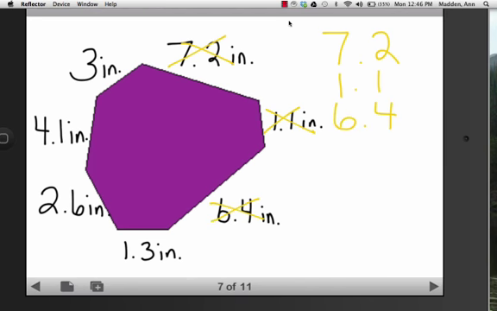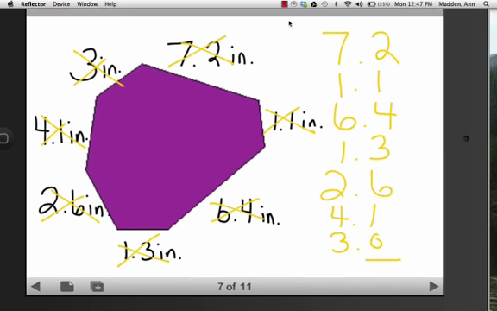Notice I'm lining up the decimals when I add them up. 1 and 3/10. 2 and 6/10. 4 and 1/10. And my last one is just 3. That's the whole number 3, so I need to put it into the whole number. How many tenths were there? There were 0. What I need to do is I need to add them up.